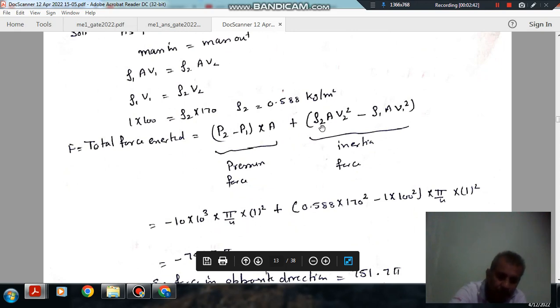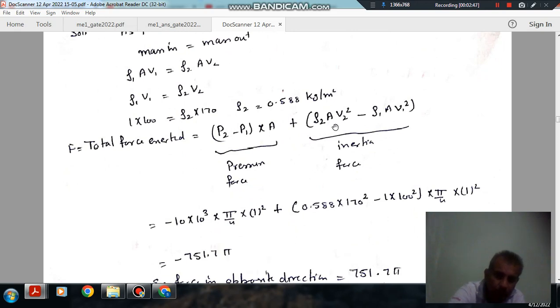And there will be an inertia force, which is rho 2 A v2 square minus rho 1 A v1 square. This is the final momentum at location 2 and this is the initial momentum, so the rate of change of momentum will be the inertia force. This is your inertia force and this is your pressure force.